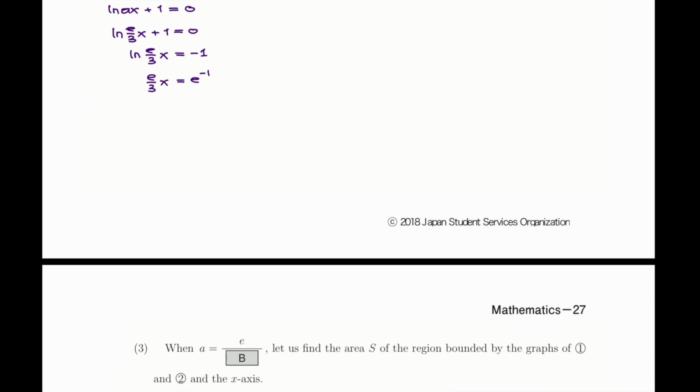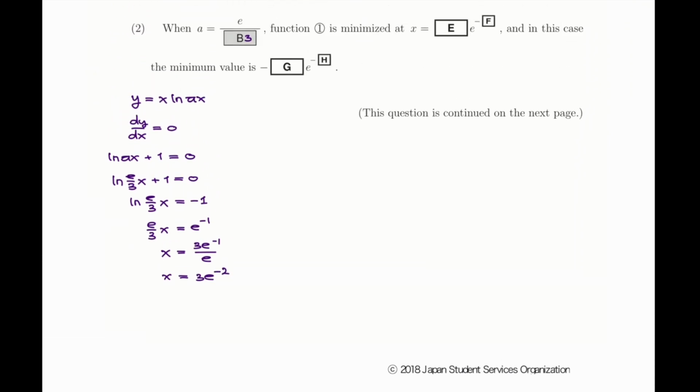And then x is equal to, by cross multiplication, or divide e over 3 to the right hand side, we will get 3e to the power of negative 1 over e, or x is equal to 3e to the power of negative 2. So my e and f here is 3 and 2. E is 3 and f is 2. And then in this case, the minimum value is blah blah blah.